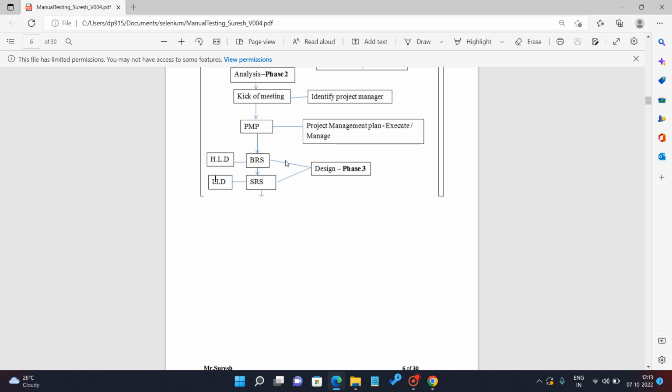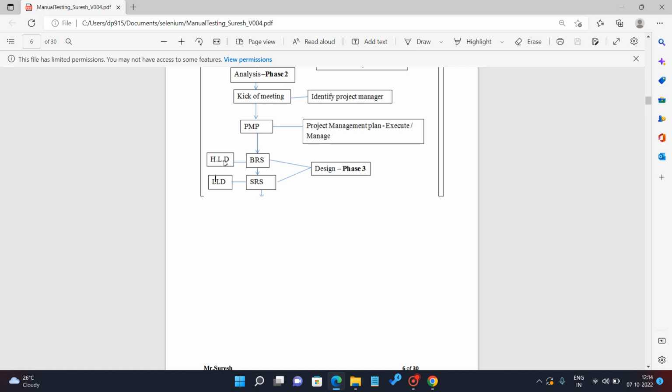BRS means business requirement specification. SRS means software requirement specification. What is HLD? HLD means high level design. It is created only by the high level roles: the subject matter expert SME, the BA business analyst and the Scrum Master.